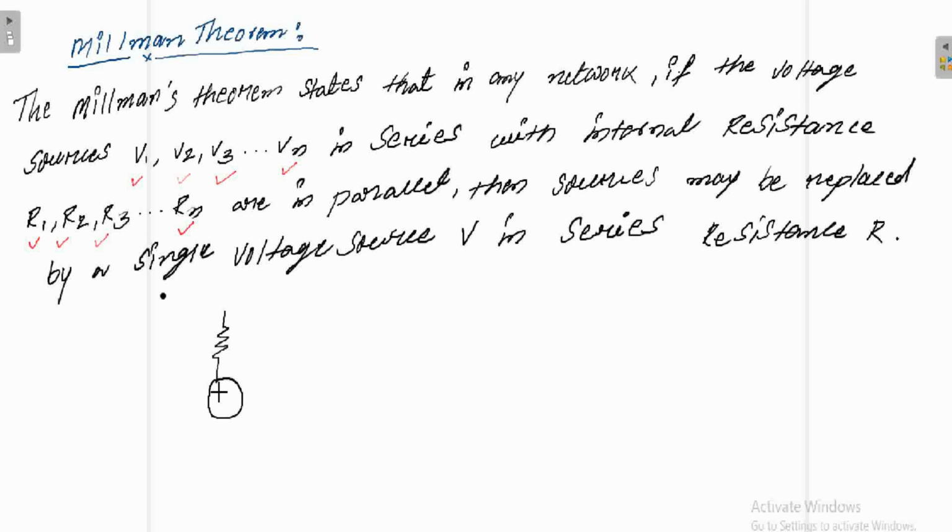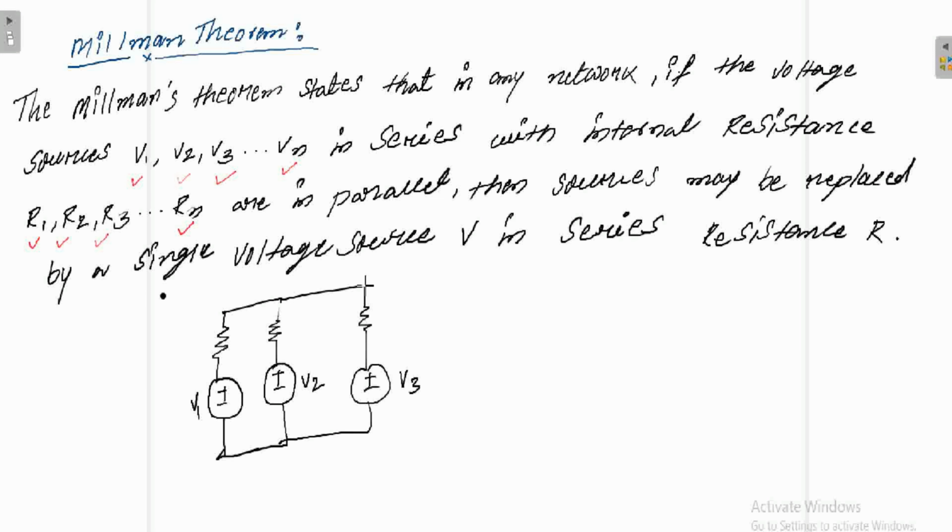The voltage sources V1, V2, V3, Vn, in series with internal resistances R1, R2, R3, Rn, are in parallel.